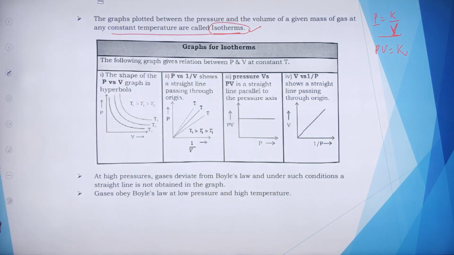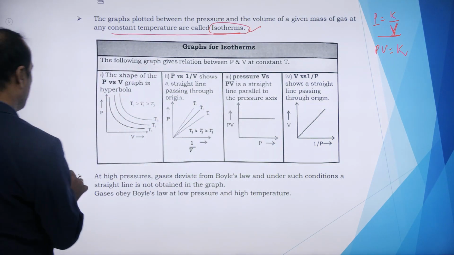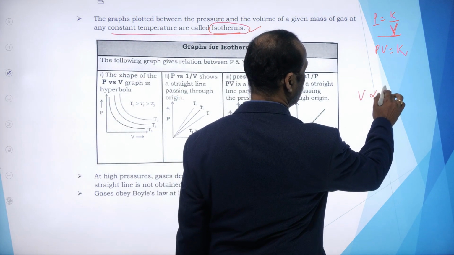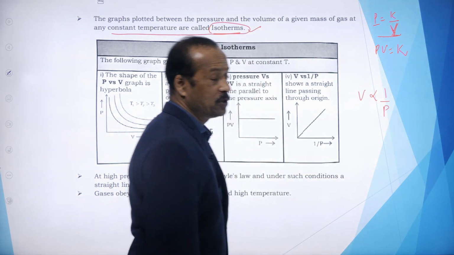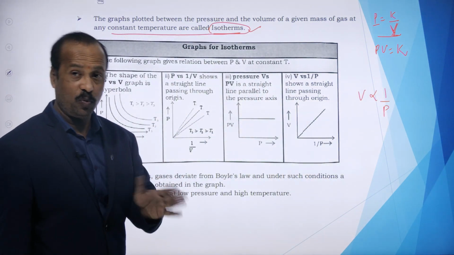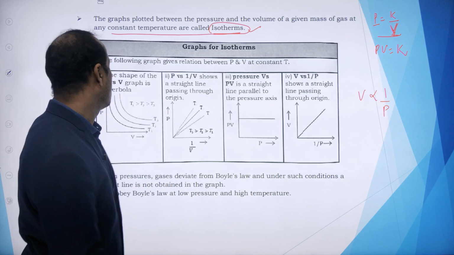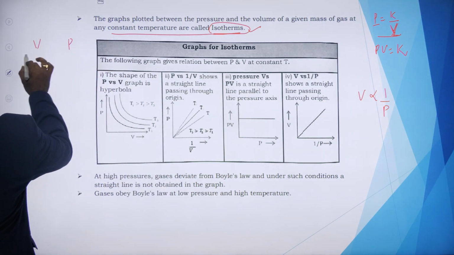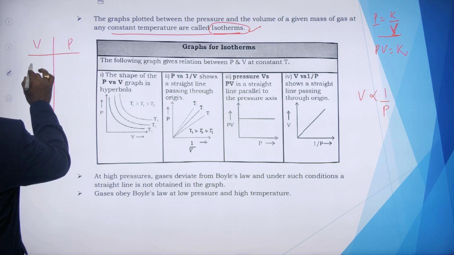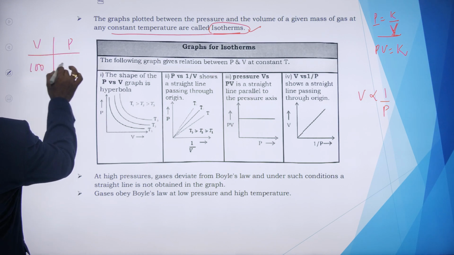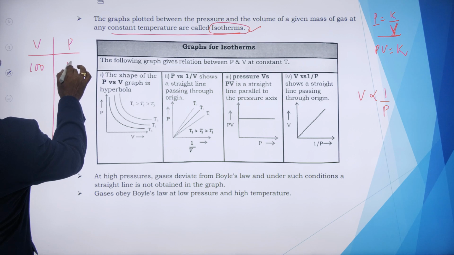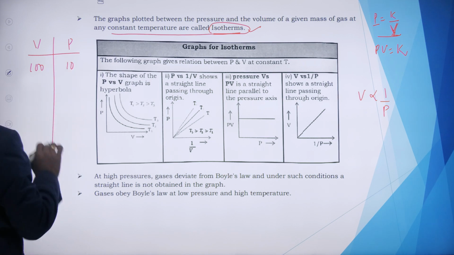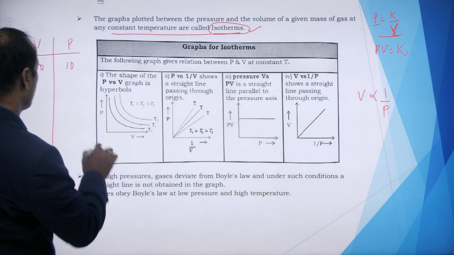Now see the graphs here. Here I'll explain. The volume of a given mass of a gas is inversely proportional to pressure, which means as the volume increases, pressure decreases. For example, volume first 100 liters and pressure some 10 Pascal. Now we are increasing the pressure, these are not exact values, just an example.